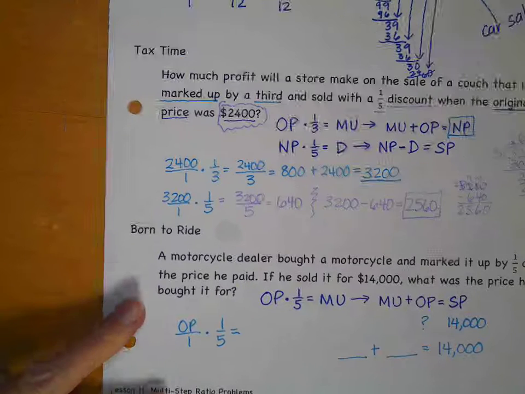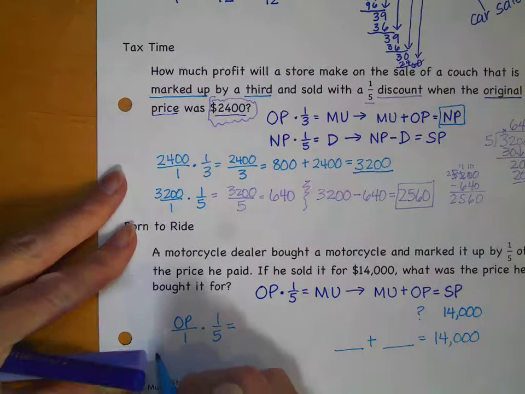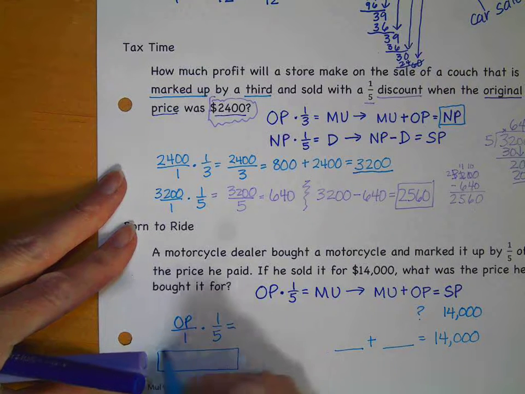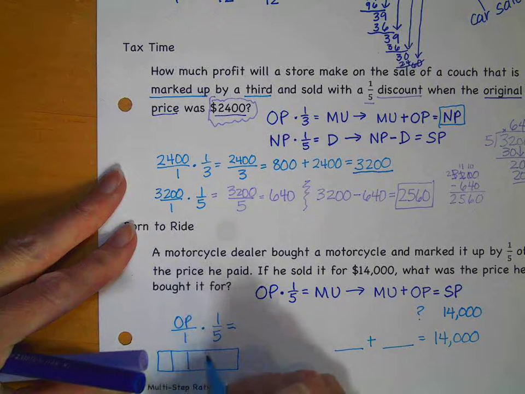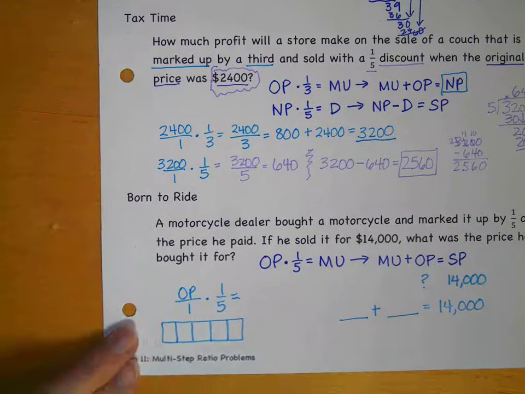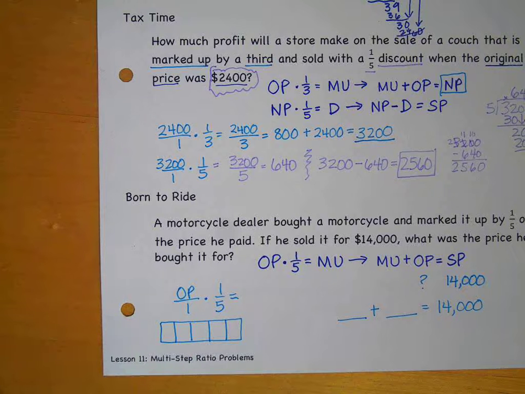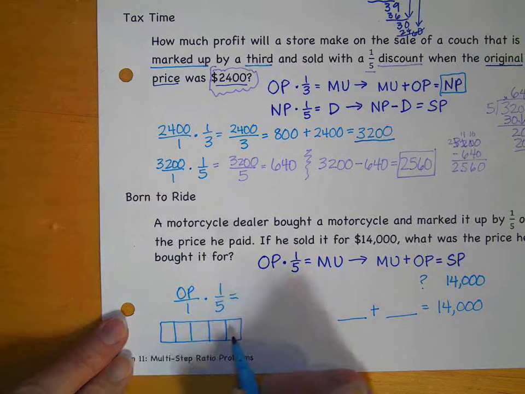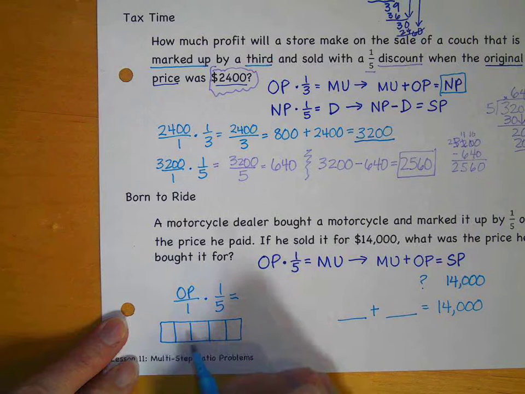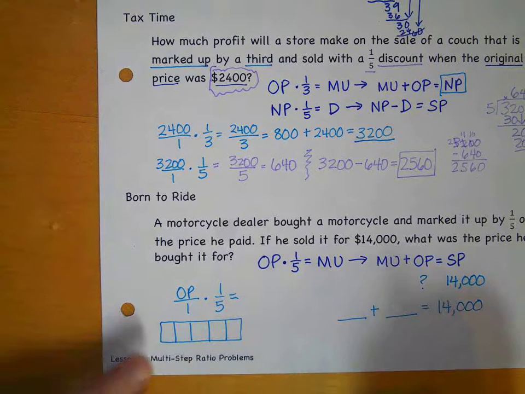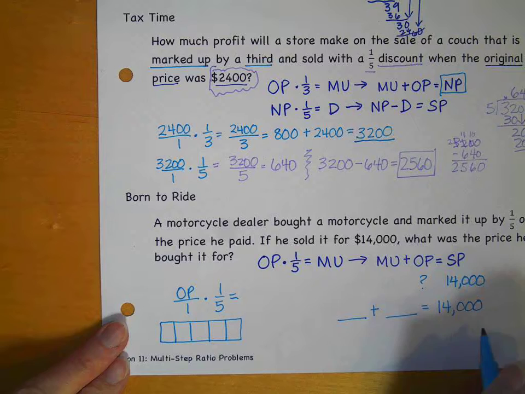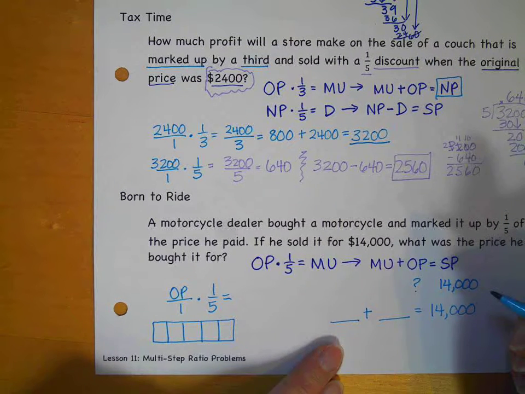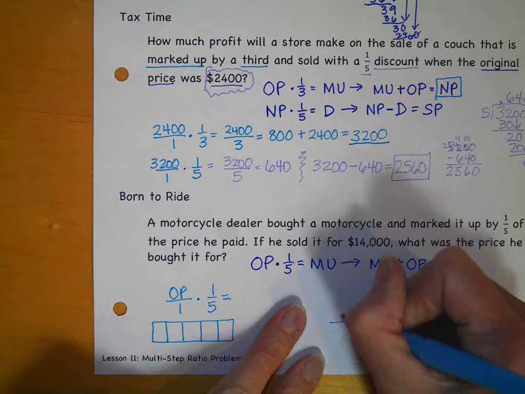So you might use a tape diagram. That might help us, right? We draw the tape and divide it into fifths, because that's the original. Then we take 1/5 of that and add it to the original to get the amount.